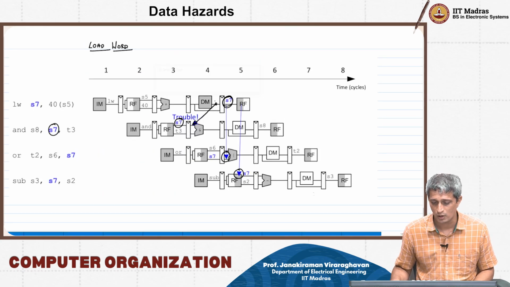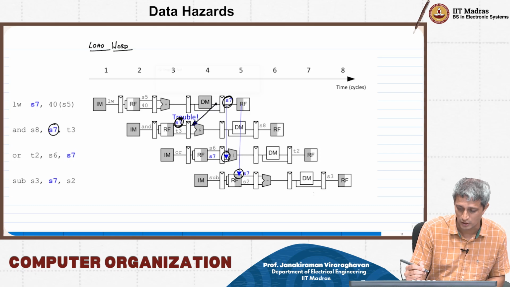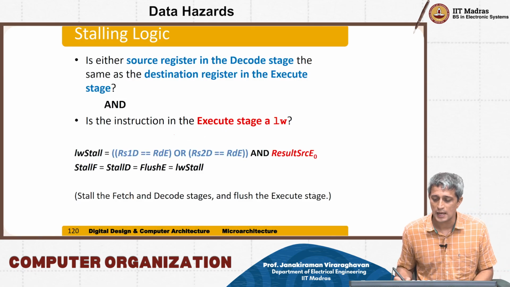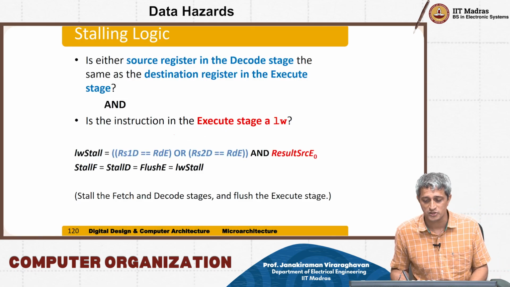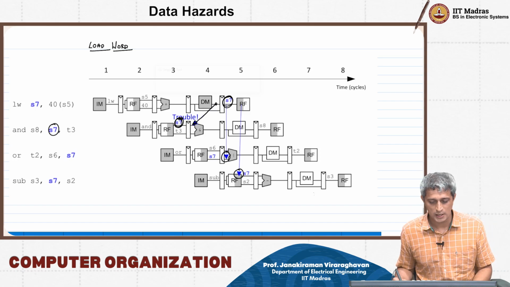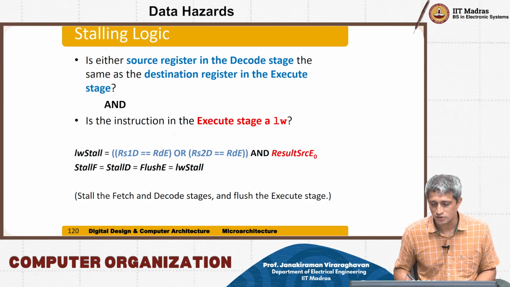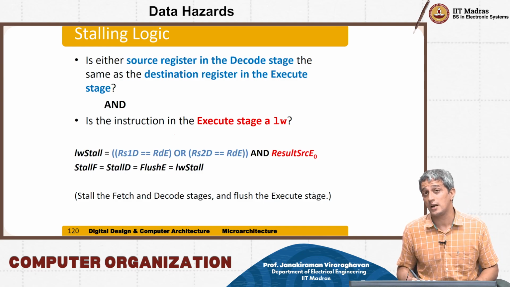So basically in the decode stage, that is this S7 here, is it the same as the destination register in the execute stage? And is the instruction in the execute stage an LW?